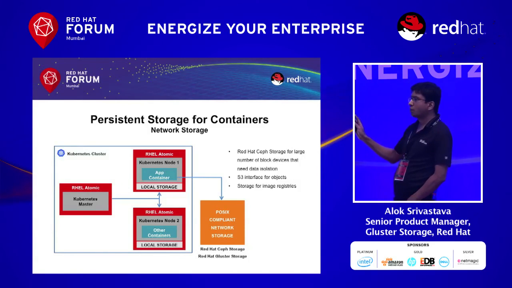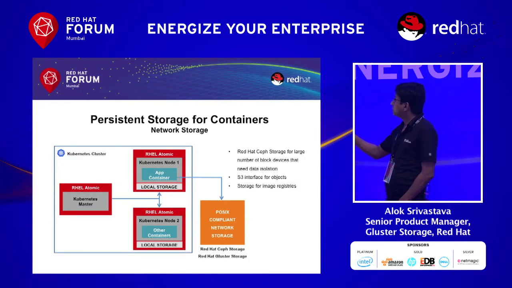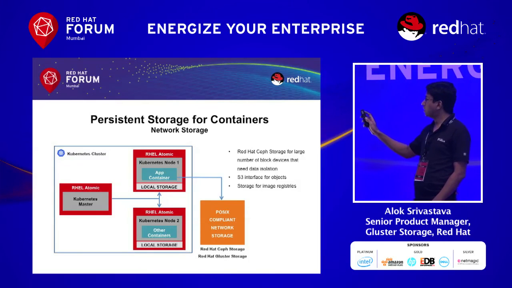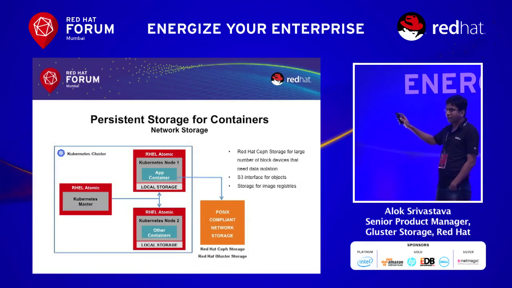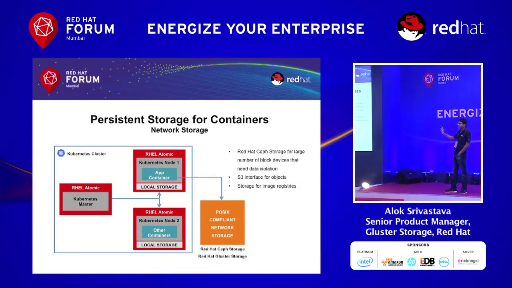So in this model, you have storage which is independent of the host cluster, and you have the RHEL atomic host in each of the hosts, right? You can have n number of application containers, and the storage can be served out from the independent storage, right?